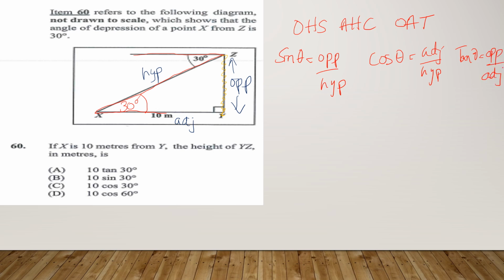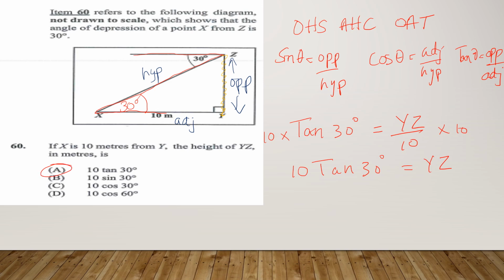So we're using tan. So it'll be tan 30 degrees equals our opposite, YZ, over 10. Cross multiply, or we can say we're multiplying by 10 on both sides. So 10 tan 30 degrees would give us the value for YZ. So the answer is A.